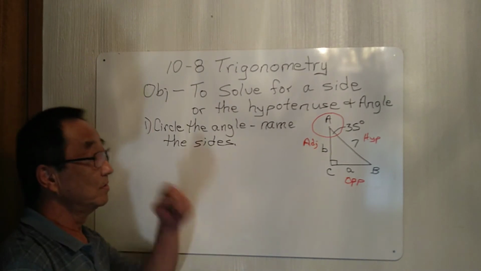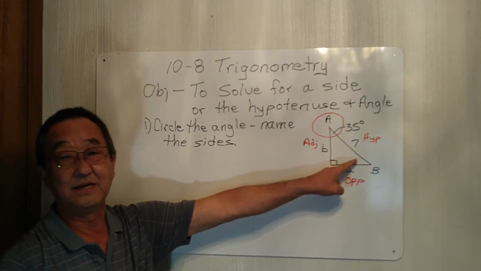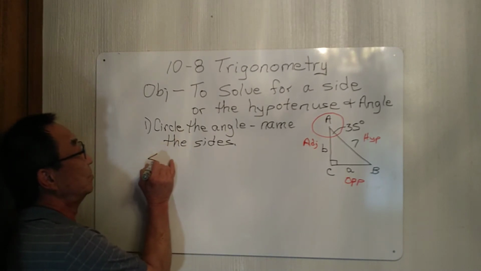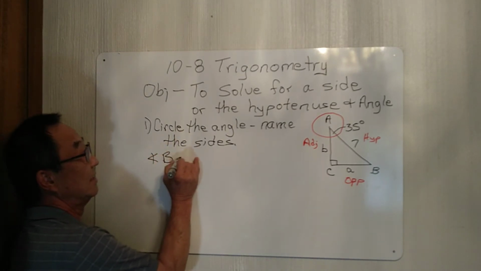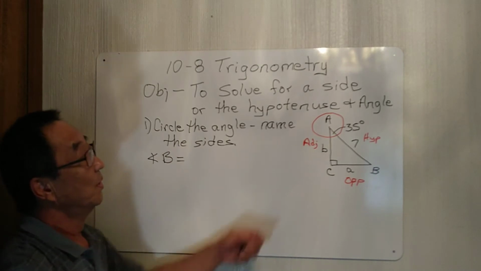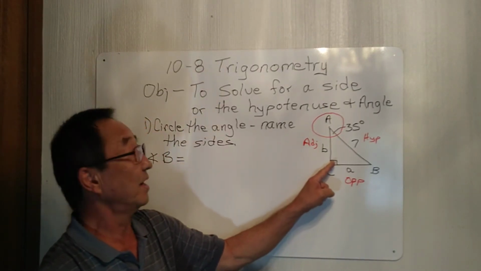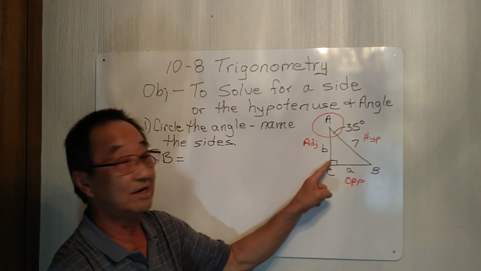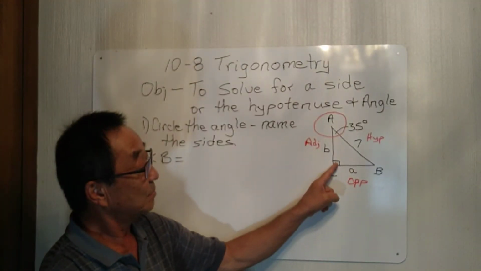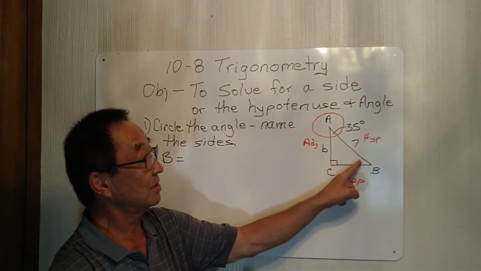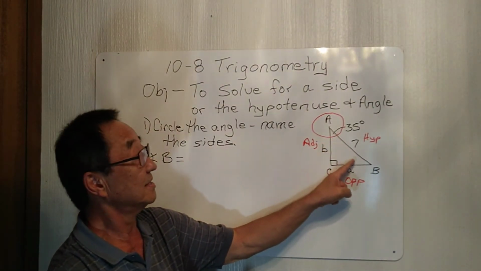You are supposed to find the missing angle B. How do I do that? Well, angle B is equal to, if this is a 90-degree angle, you all know that the inside sum is 180 degrees. So if I subtract off this right angle, what I'm left with is the two acute angles. The sum is 90 degrees.